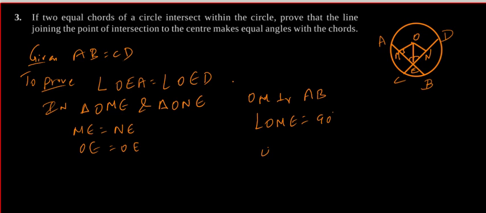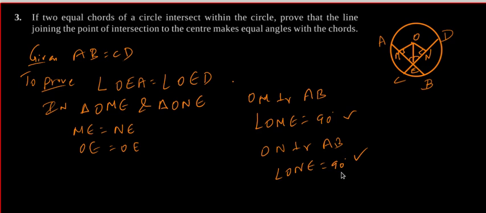The same way, ON is the perpendicular bisector of CD, which implies that angle ONE also equal to 90 degrees. Both are 90 degrees, because this line is the perpendicular bisector of the chord CD and this is the perpendicular bisector of the chord AB.